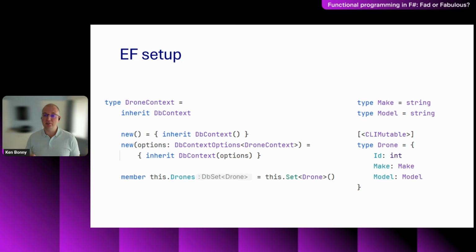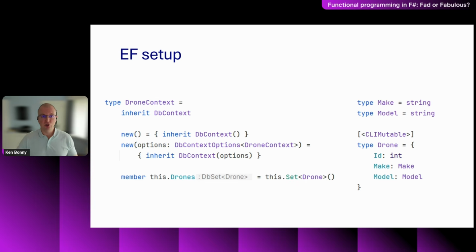So to get around that, we could either make it mutable, so it can change it, but then all of our code could change the ID, or we could apply the CLI mutable attribute, and this allows Entity Framework to make the changes to the ID, but the drone entity itself in our code will be treated as immutable, and we will have to use the with syntax to make changes to any object that is of this type. So we get the best of both worlds. Entity Framework can do its thing, and we still maintain our immutability throughout our own code.